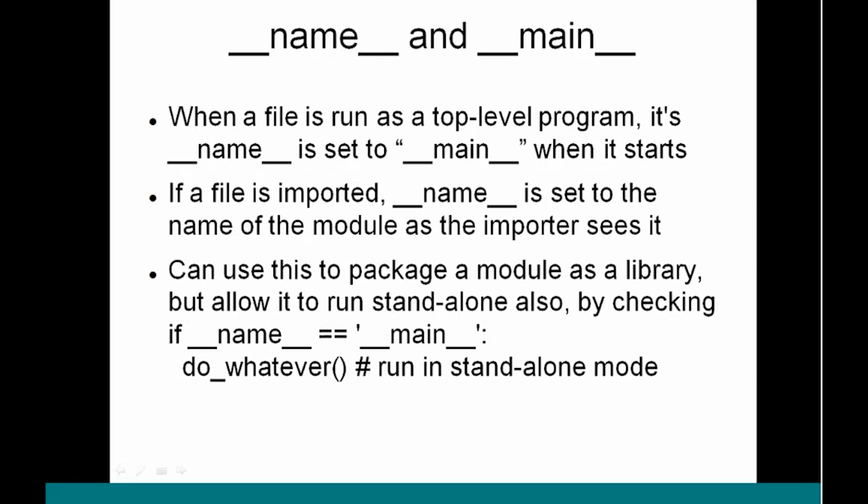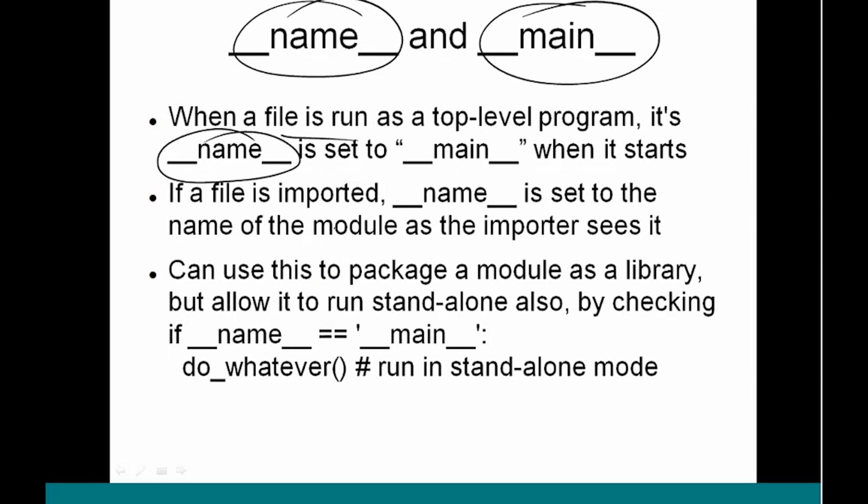Now the same thing with __name__ and __main__. When a file is run as a top level program, its __name__ is set to __main__ when it starts. This concept is very similar to the C language.